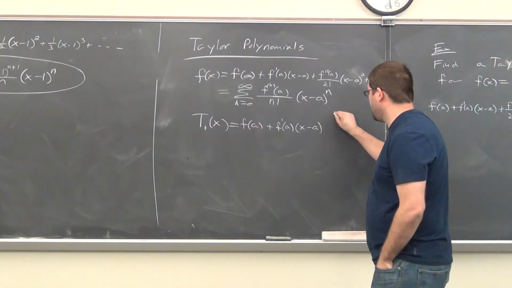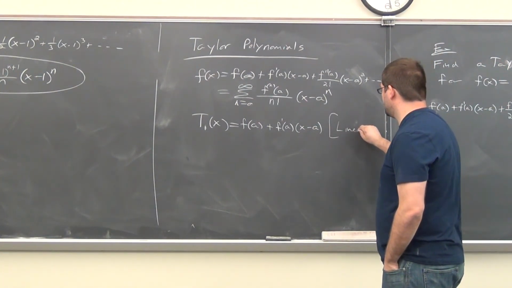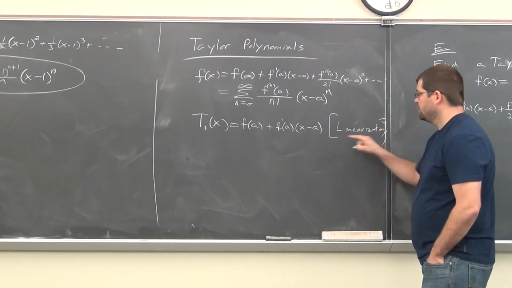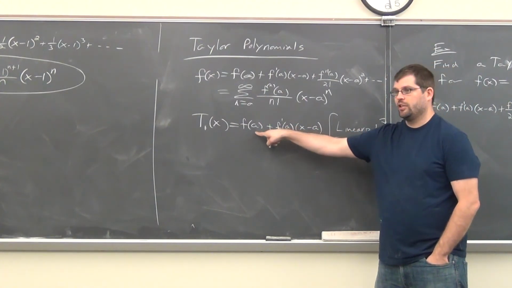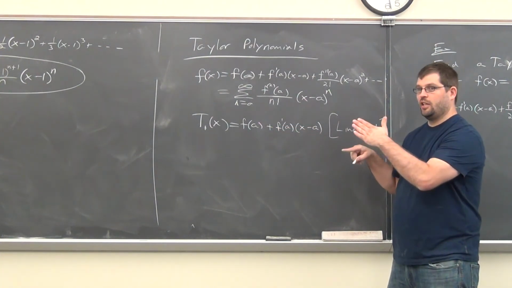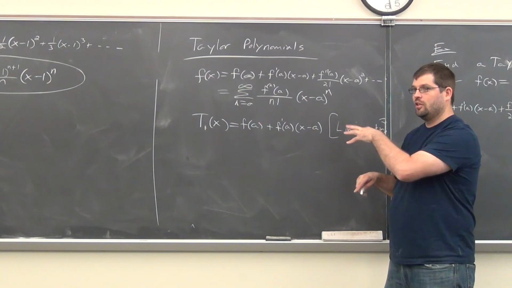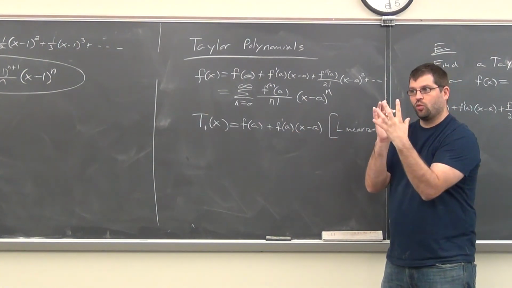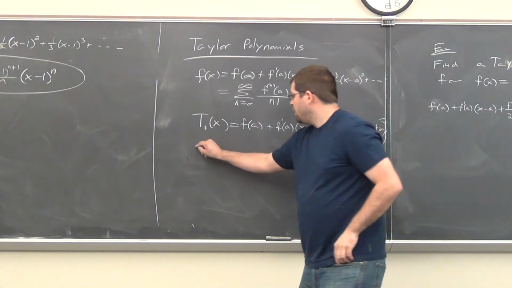And if you remember back to calculus, this is just the linearization of a function. This is the definition of the tangent line of a function at a. And so the idea was that you could approximate a function using a straight line, and that works as long as you stay really close to your a.